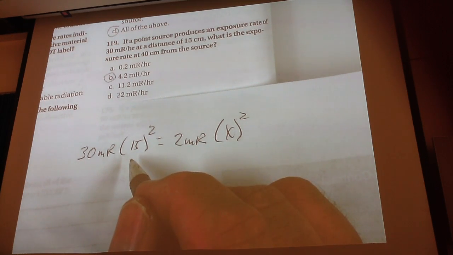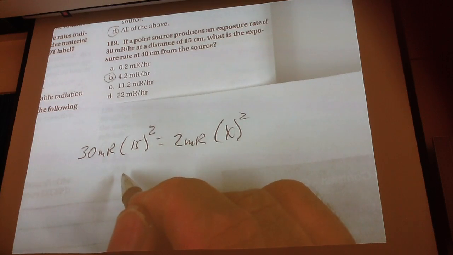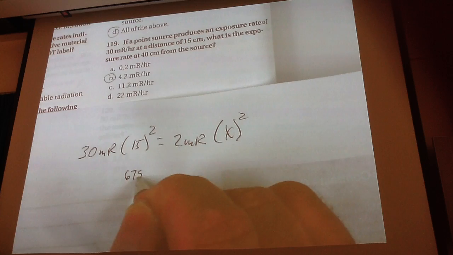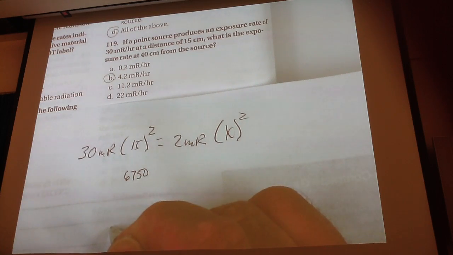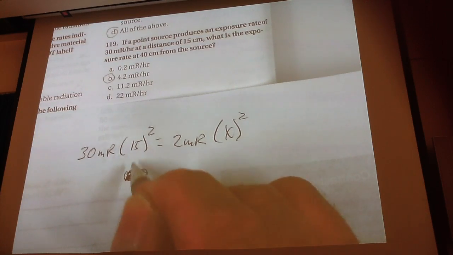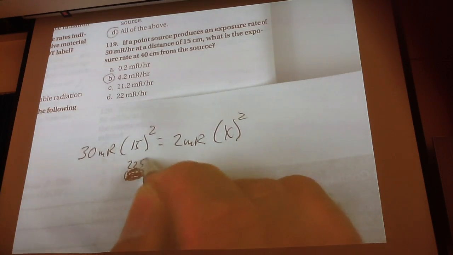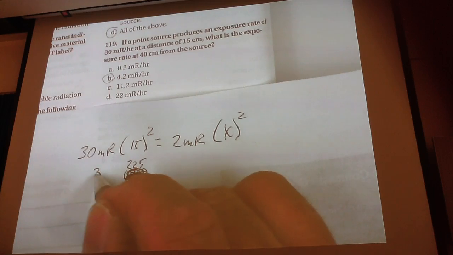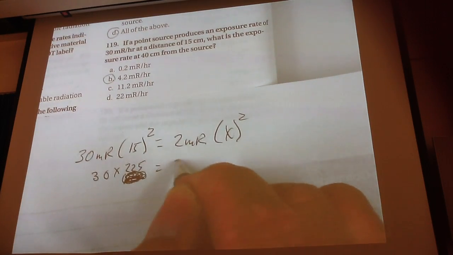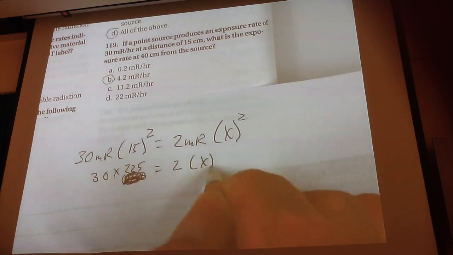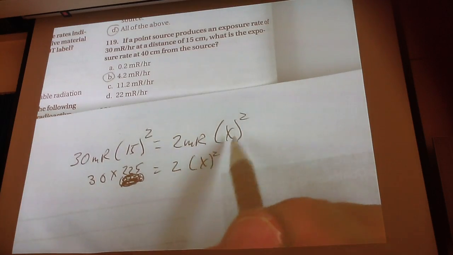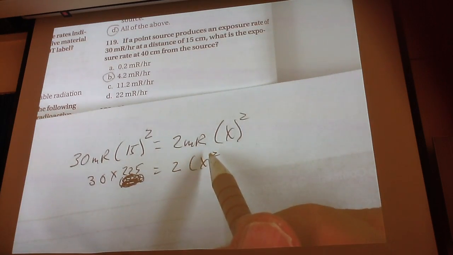No, 225. I was going to say, yeah, that seems too high. 225. Okay, so no, I was giving you the 30 times 225. So 30 times 225 is equal to 2x squared. And people, please remember that when you're using these distances, you have to square them.